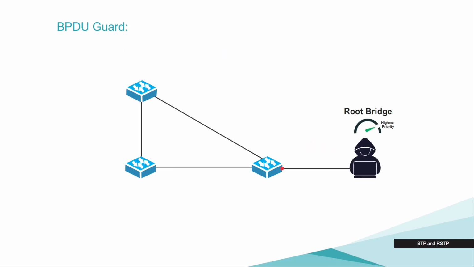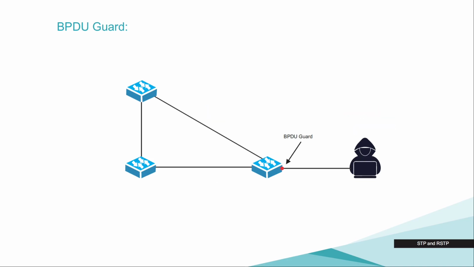In that case, the hacker's device will be the root bridge for our network, and it can receive the hello BPDU message, which includes the bridge ID of the switches and information about interfaces. So this is a vulnerability to our network.